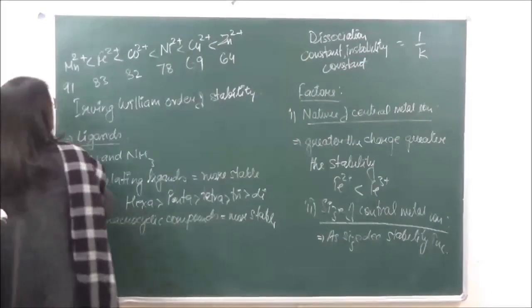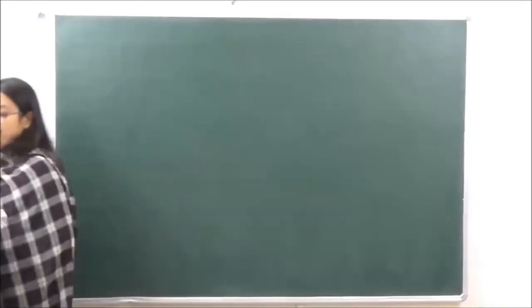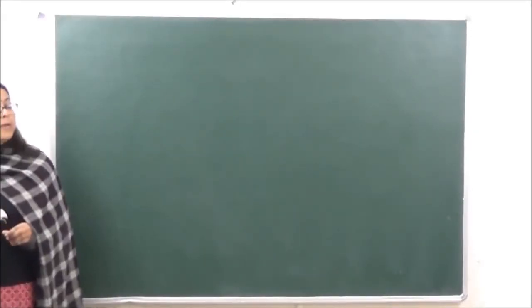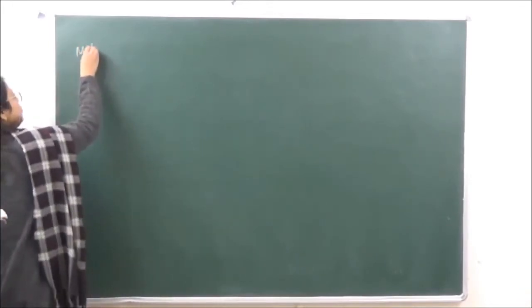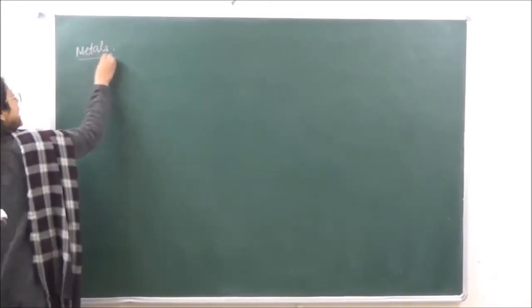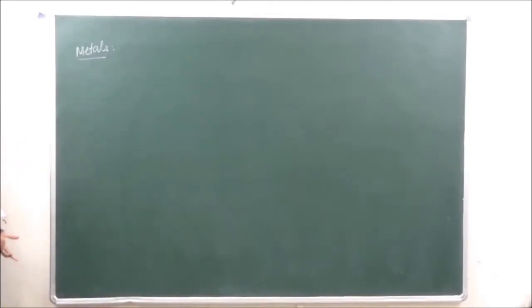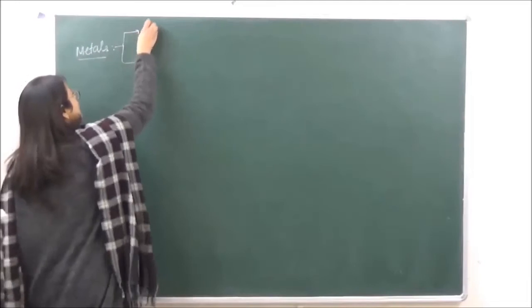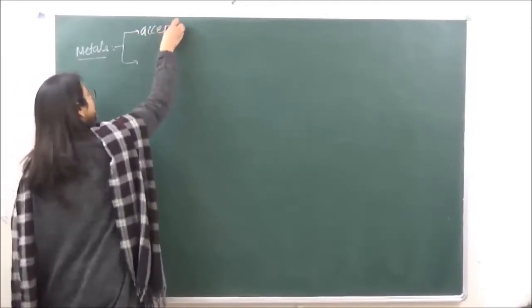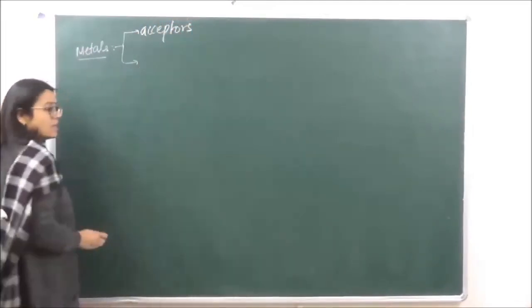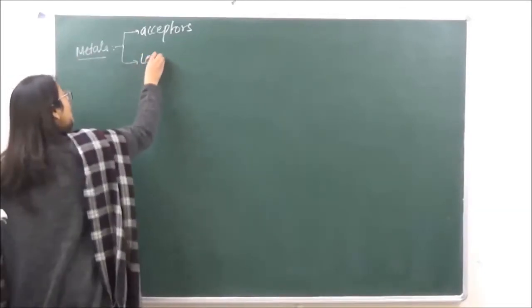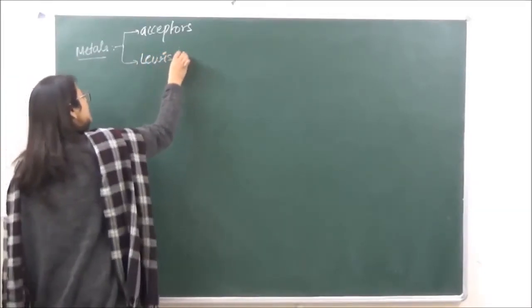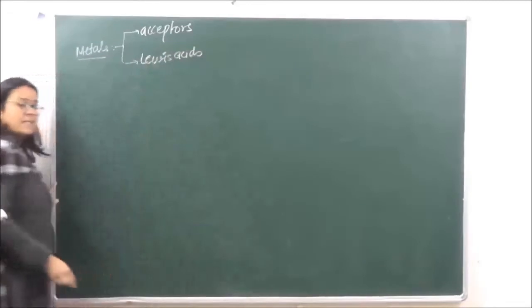We know that all the metals are going to be acceptors. So we classify the metals into the following categories. Number 1, metals are going to be acceptors. Number 2, they all are going to behave as Lewis acids.